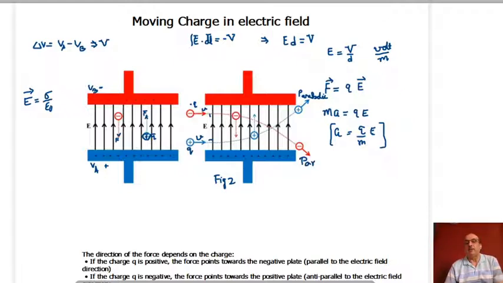So when a charge moves other than along the direction of the electric field, it will get a parabolic path or parabolic trajectory.